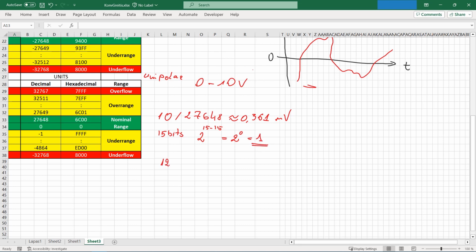For 12 bits resolution, a step will be 2 power 15 minus 12, equals 2 power 3, equals 8. For 8 bits resolution, a step will be 2 power 15 minus 8, equals 2 power 7, equals 128.